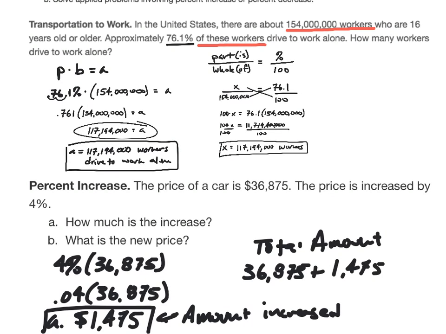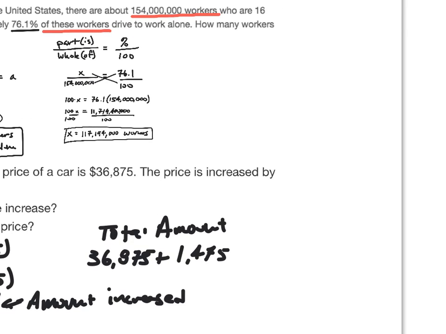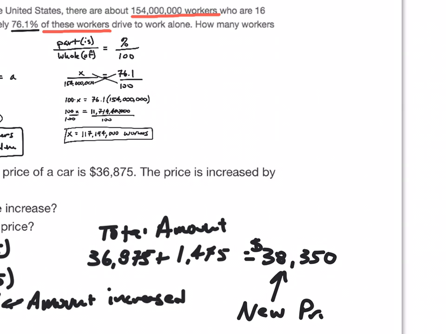Let's do that real quick. 36,875 plus 1,475 gives us a total amount of $38,350. This is the new price. That's how the concept of percent increase works. When things go up in price, we can model that by percent.